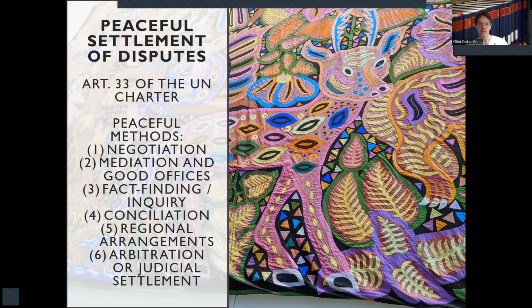And importantly, for the UN Charter, Chapter 6 is devoted entirely to the peaceful settlement of disputes. And it specifies the roles of various United Nations organs and the means by which parties to disputes may seek a solution to their contentious issue.